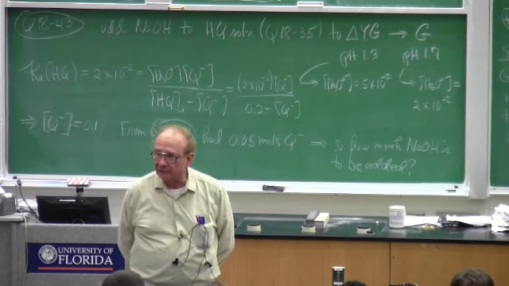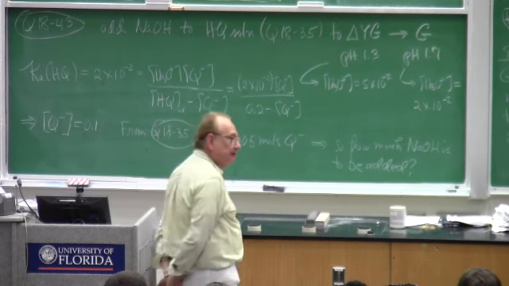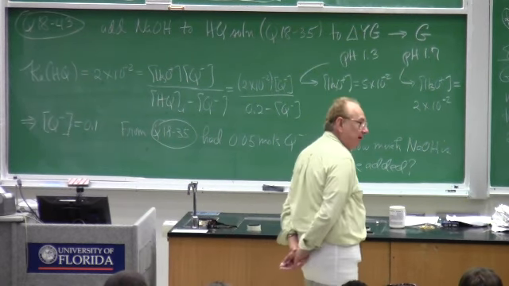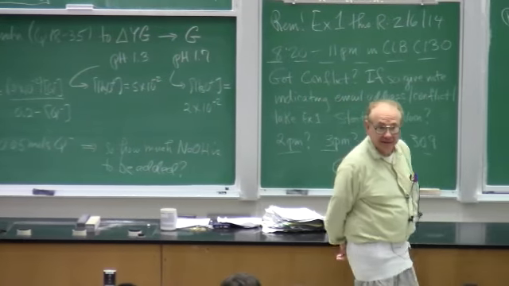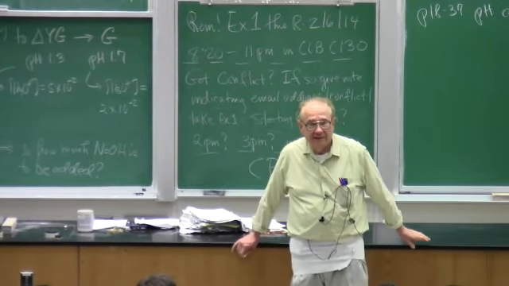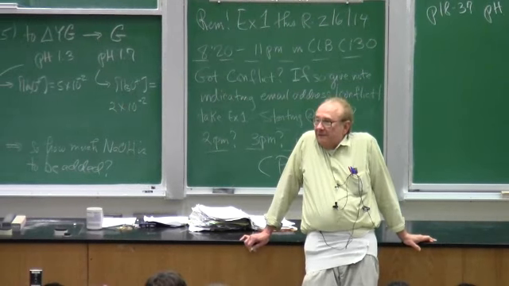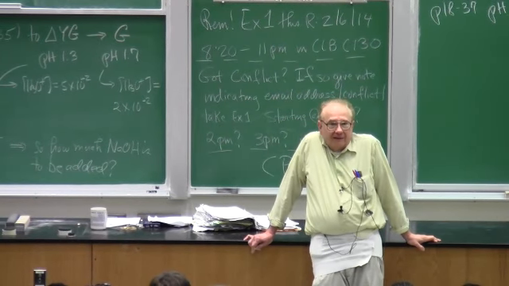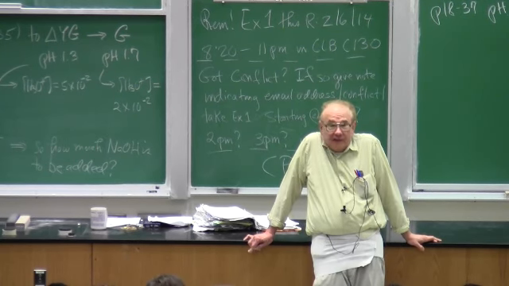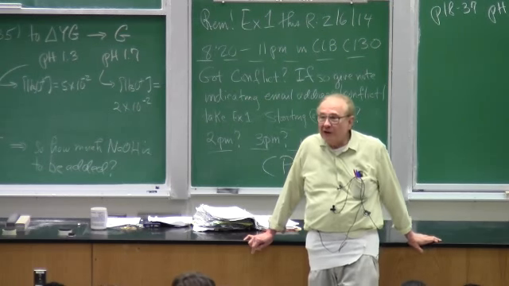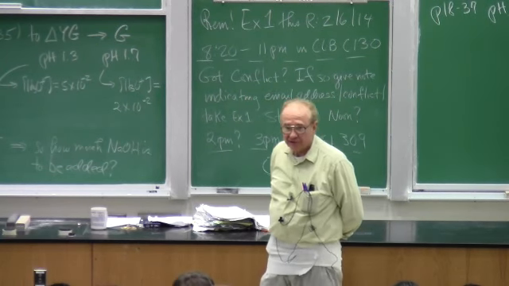So what was the actual molarity of HQ in 1835? It wasn't m sub I. That's the label on the bottle. It was 0.15. It was 0.2 molar, the label on the bottle, less the amount you converted to Q minus.